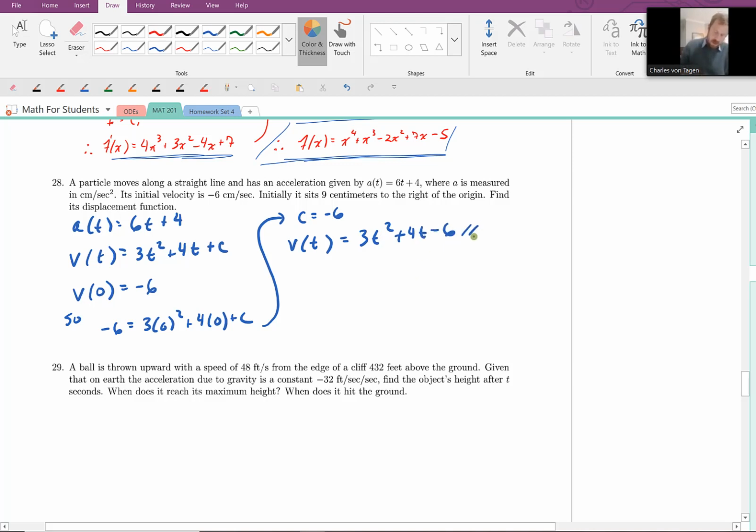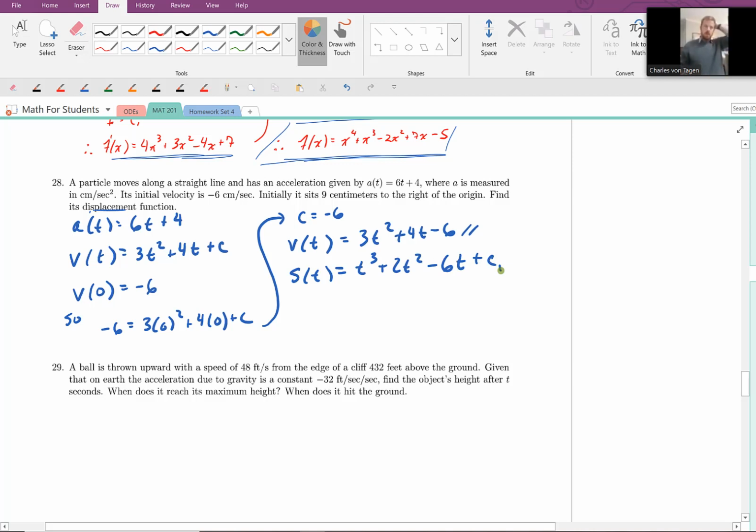But we're asked to find the displacement function, so what do we need to do? We need to go ahead and take the antiderivative of the velocity function. Remember, if the derivative of the displacement function is the velocity function, then flipping that around, the antiderivative of the velocity function is the displacement function. And so we get that s of t would be equal to t cubed plus 2t squared minus 6t plus some other constant.